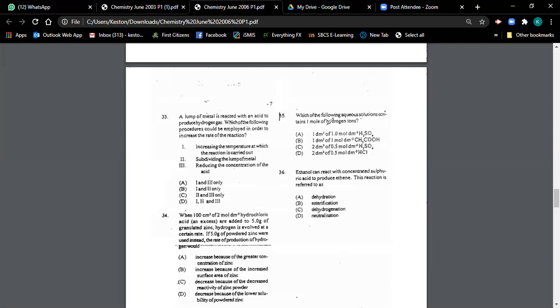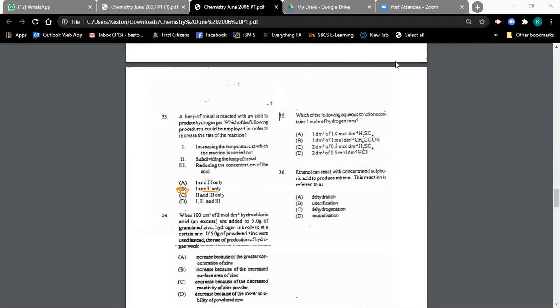B, 1 and 2. Increasing the temperature, subdividing. That's correct. Reducing the concentration wouldn't help. Right, so that's a good answer.